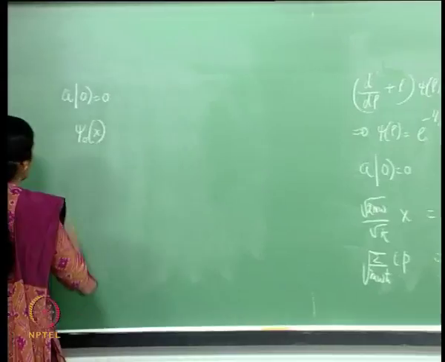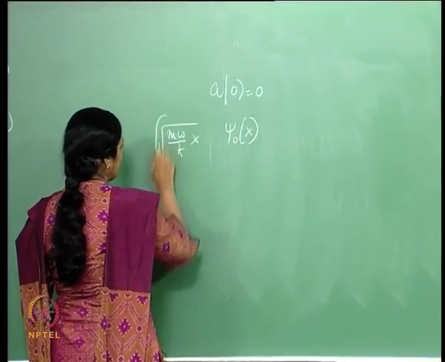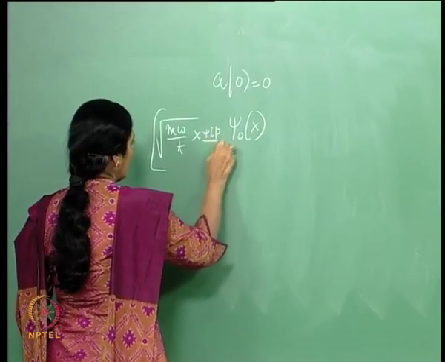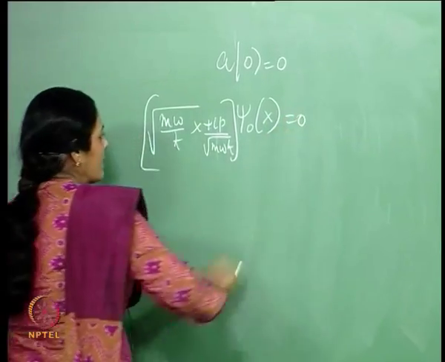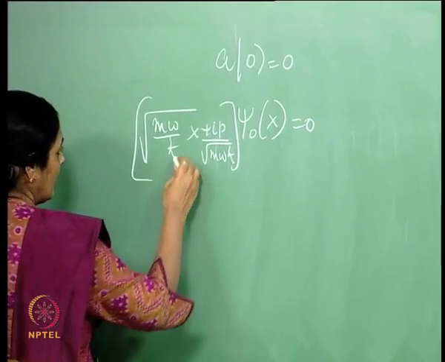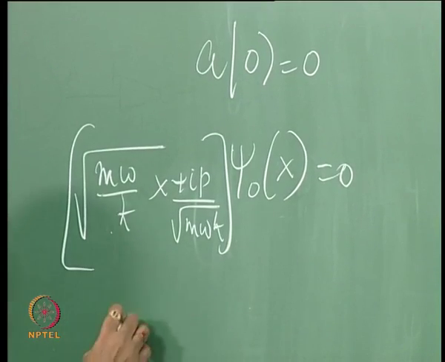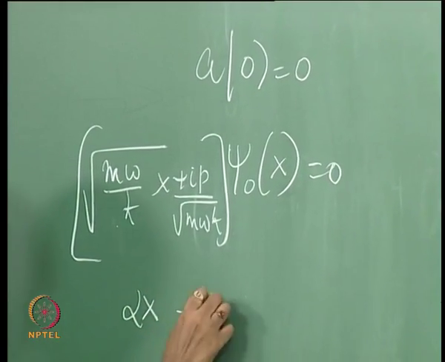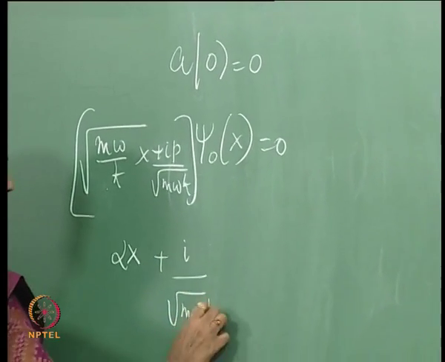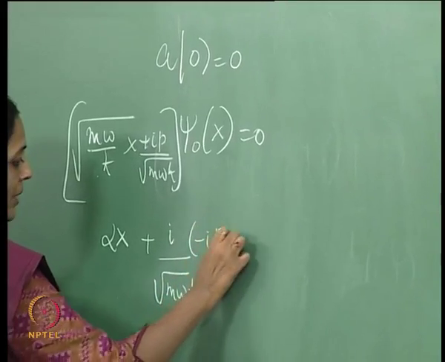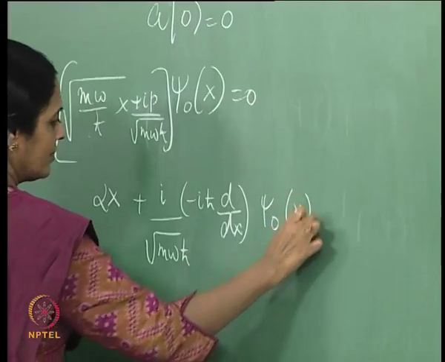So essentially I am trying to say that root of m omega by h cross x plus i p by root of m omega h cross acting on psi 0 of x is 0, and that means, but root of m omega by h cross is alpha, so I have alpha x plus i by root of m omega h cross, p is minus i h cross d by dx, psi 0 of x equals 0.